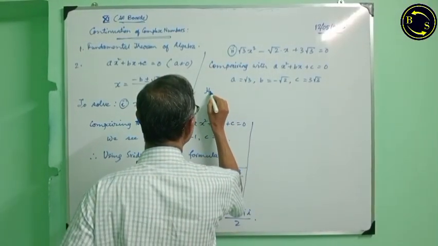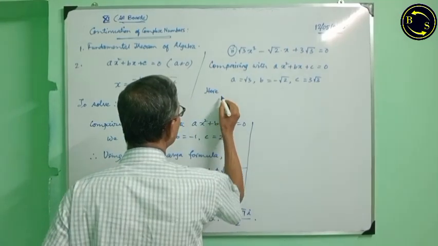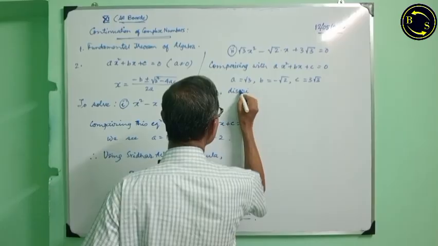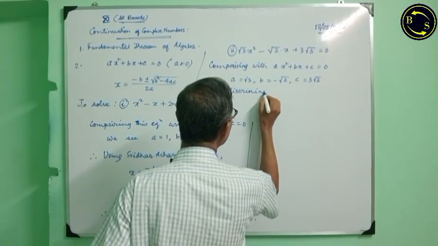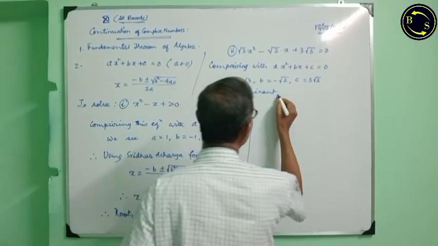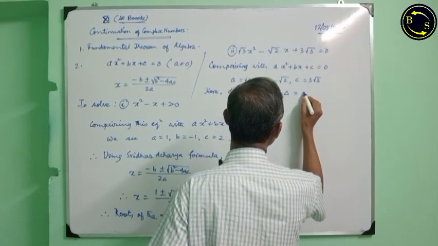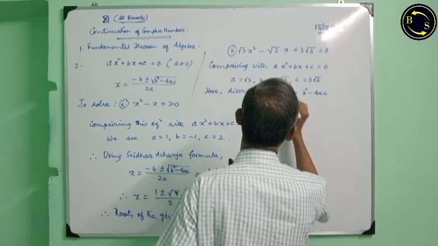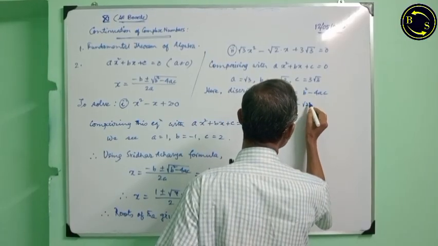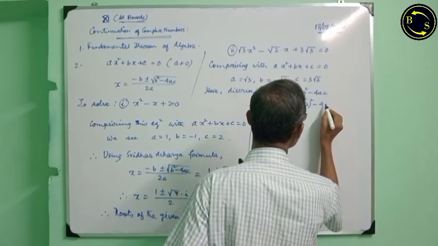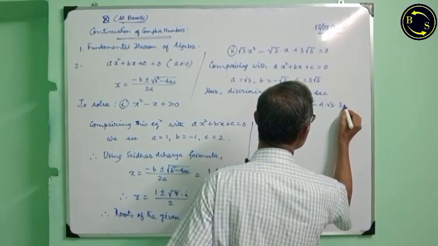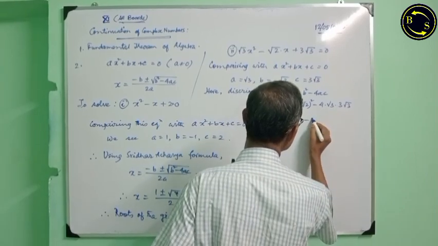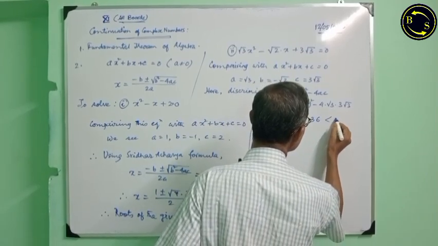Here discriminant delta is equal to b square minus 4ac, minus root 2 whole square minus 4 into root 3 into 3 root 3. 2 minus 36, less than 0.